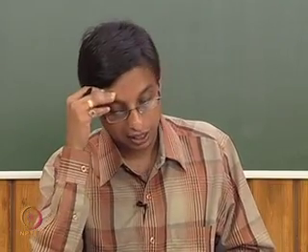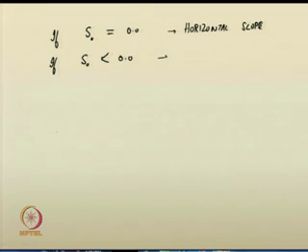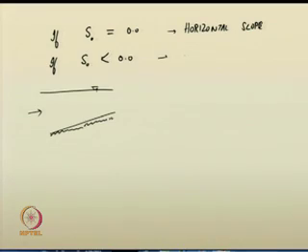If it is less than 0, although the flow is like this, your bed is rising in the flow direction. So, it is having an adverse slope. Such conditions are called adverse slope.